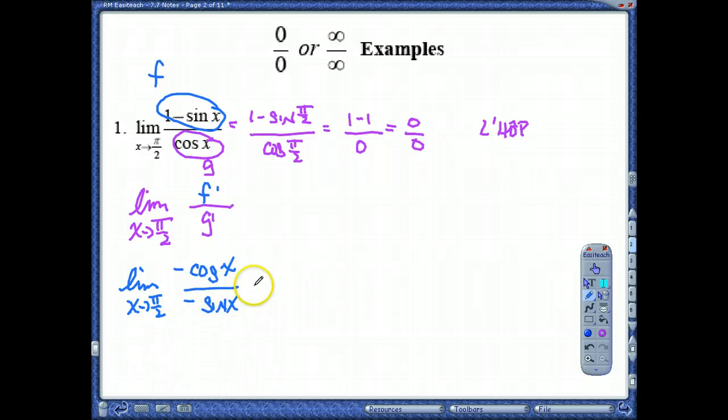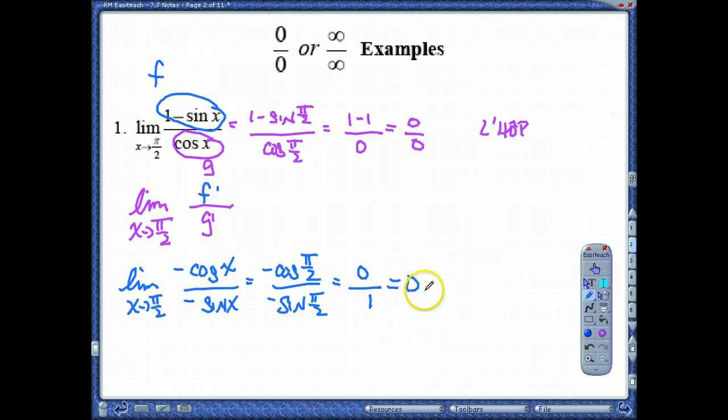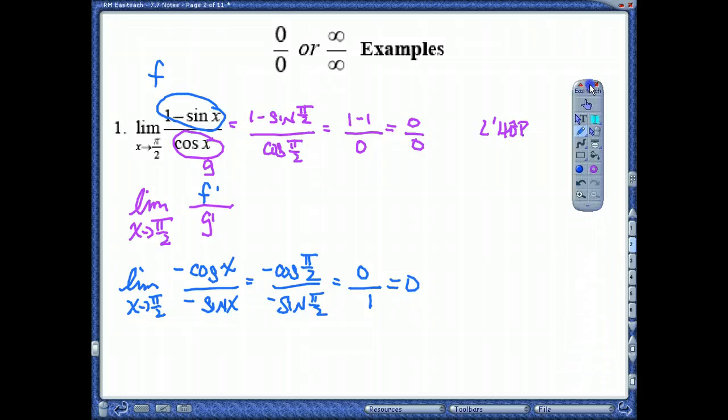Now when we put that pi over 2 in there, we get negative 0, or just plain 0, over 1, which is equal to 0, which is not undefined. It's an honest-to-goodness answer that is valid.